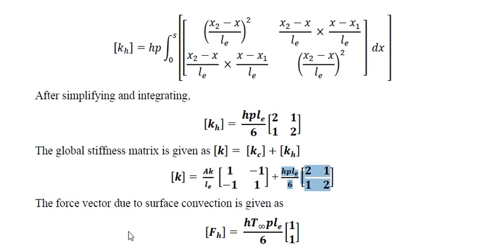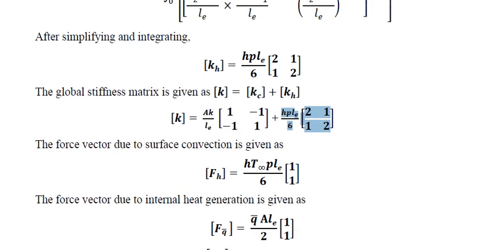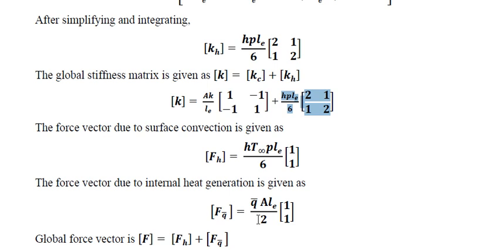Now there are two force vectors. One is due to surface convection, the other is due to internal heat generation. The force vector due to surface convection is given by H T infinity P LE by 6 times 1 1.